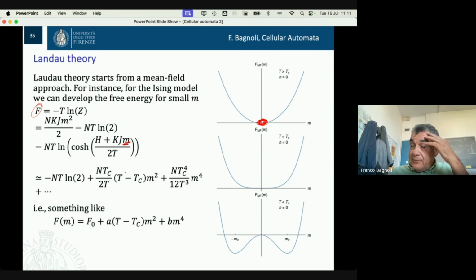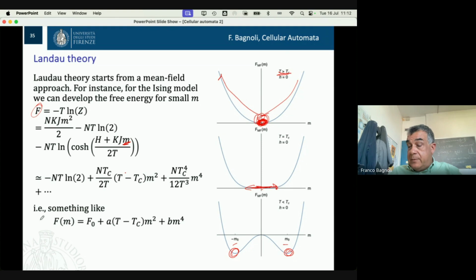So for large enough temperature, the free energy has this shape, so the minimum is for m equal to 0. This is the critical temperature for which m is free to fluctuate, and this is below the critical temperature where the symmetry is broken, and we have either a positive or a negative magnetization.